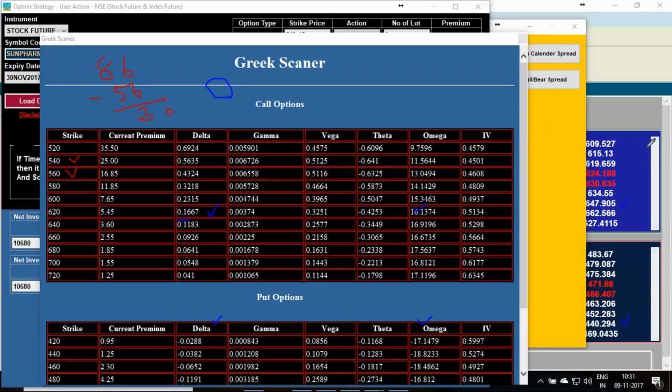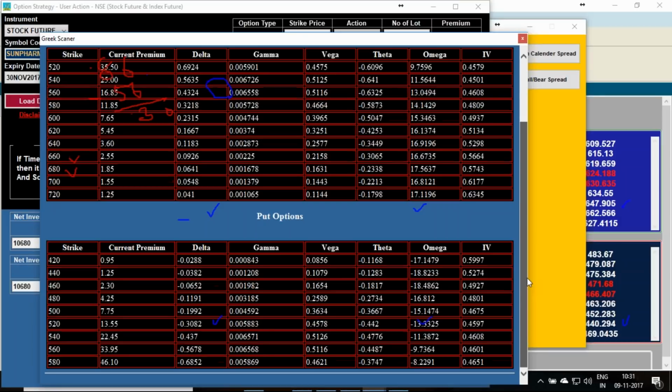If I go for the put side, I do similar things: 540 put options I am selling and 520 put options I am buying. By this process what will happen? On the put side, if I am selling the 540 put option, I have a positive delta of 0.44, since put options have negative delta and I sold it.